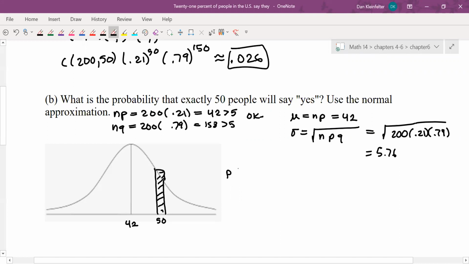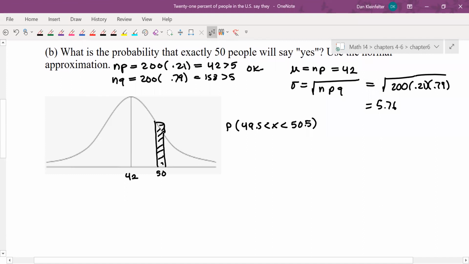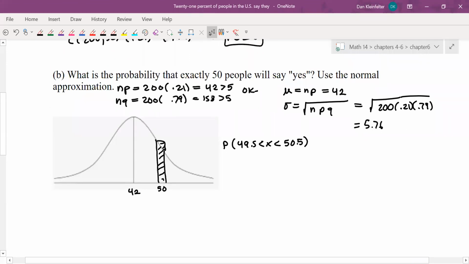That is, we need the probability that x will lie between 49.5 and 50.5, because those are going to be the real numbers that would round to 50. So we'll be calculating a couple of z-scores and then looking up some probabilities in the table. So we'll do that here in just a moment.